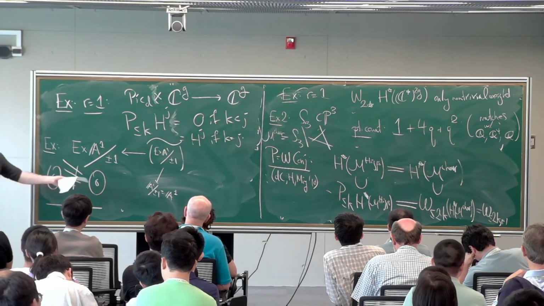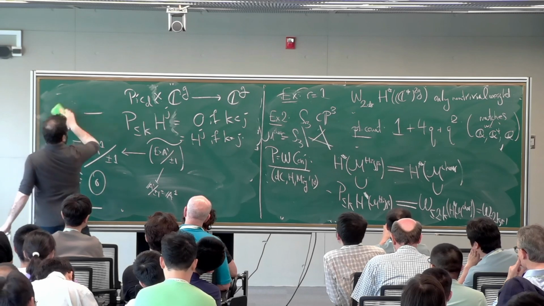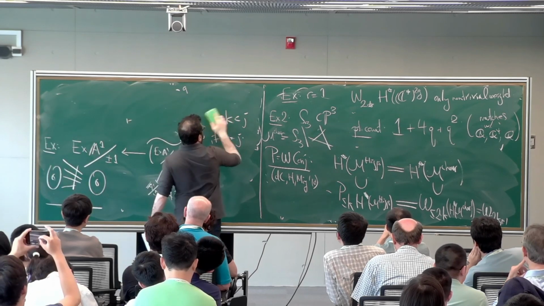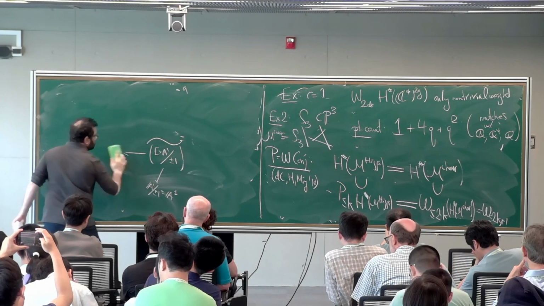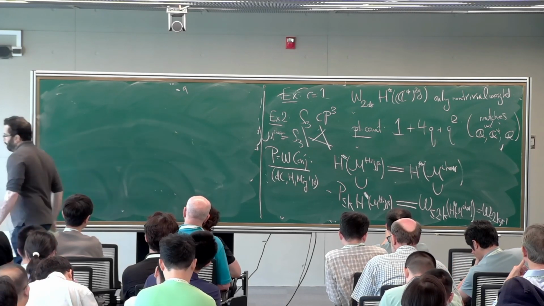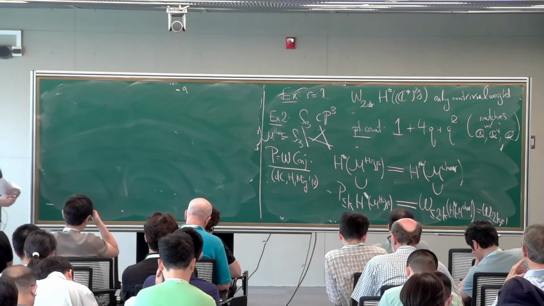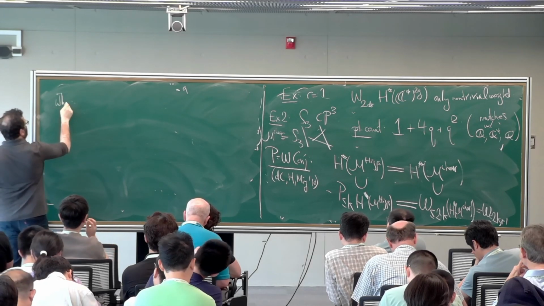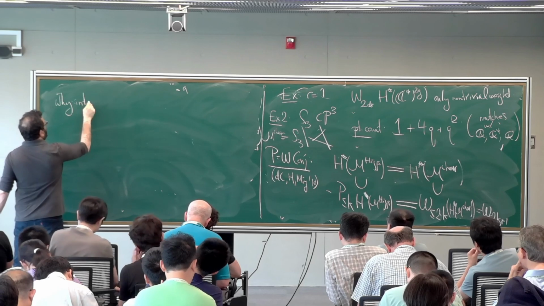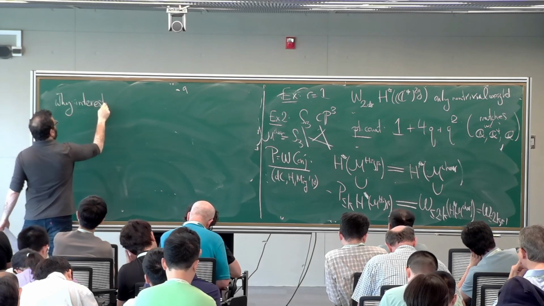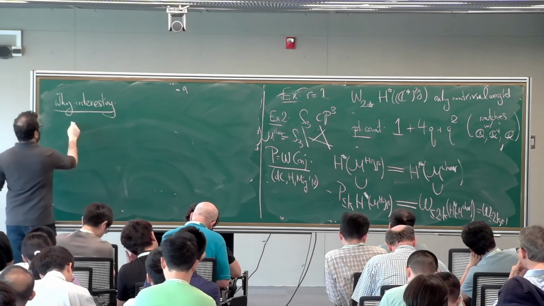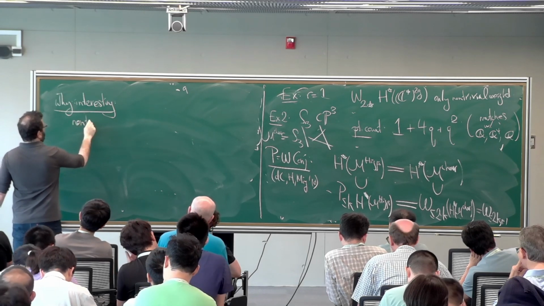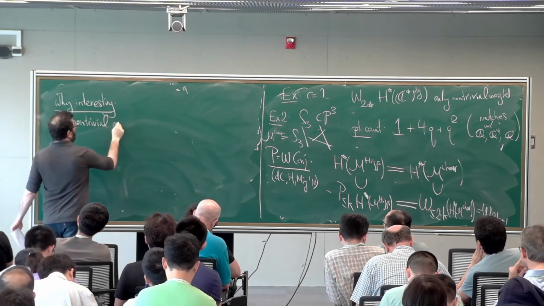And so more generally, one reason why this conjecture is interesting is that it has interesting implications in each direction. So why is it interesting? It has non-trivial constraints in each direction.